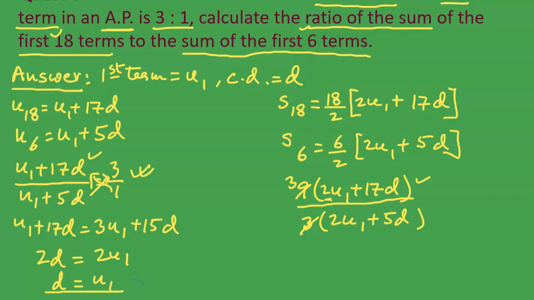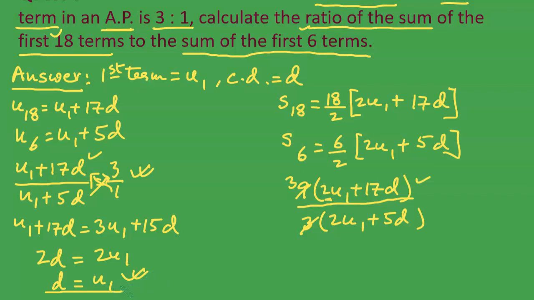We have got an important relation. Now we can reduce the number of variables to 1. Previously we had 2 variables. Now we can take either D or U1 because both have the same value.